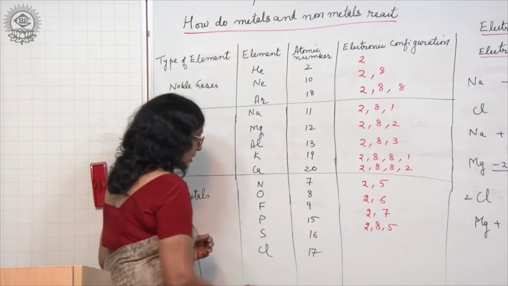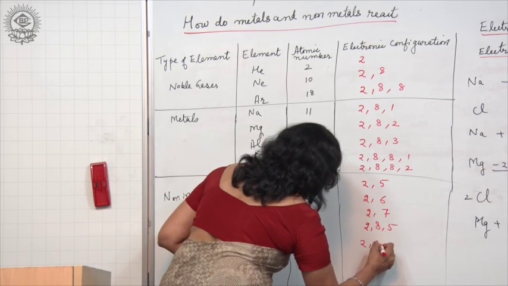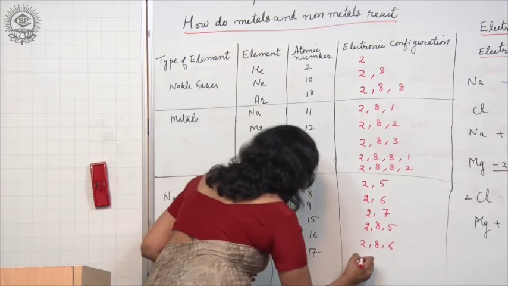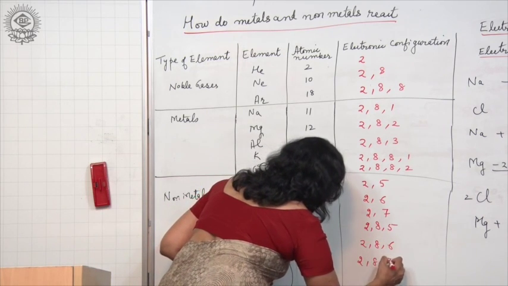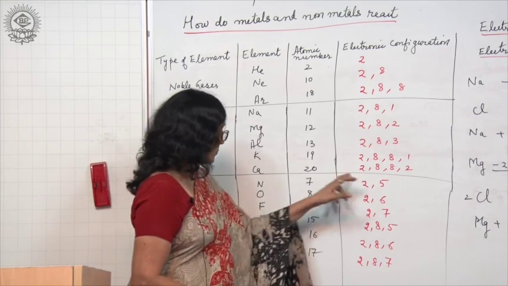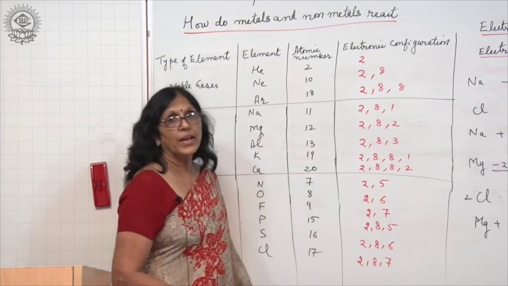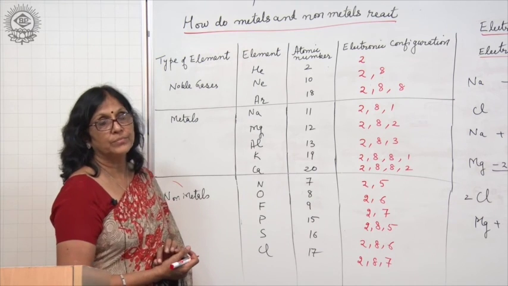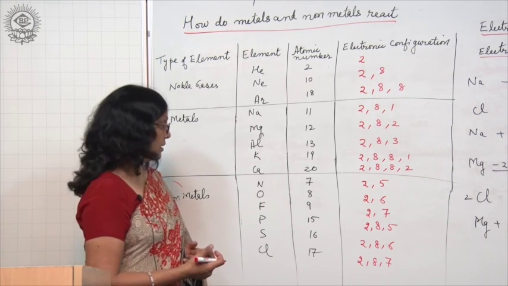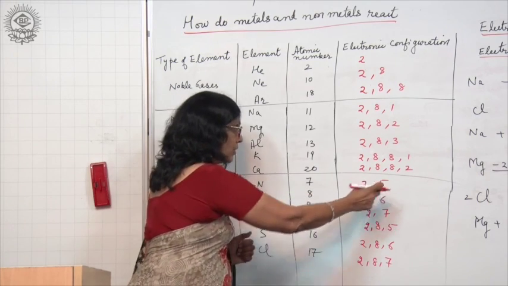Sulfur has 16 electrons, it has 2, 8, 6, and chlorine 2, 8, 7. In all these nonmetals, nitrogen has 5 electrons in the outermost shell. To attain inert gas configuration, it needs 3 more electrons.